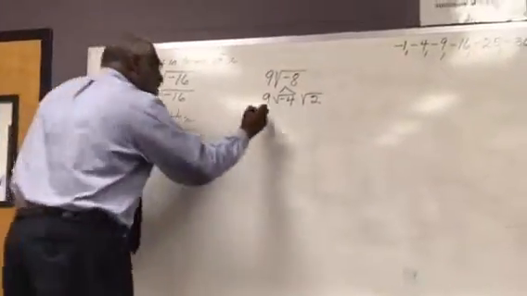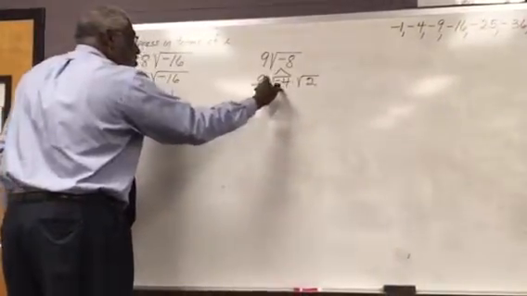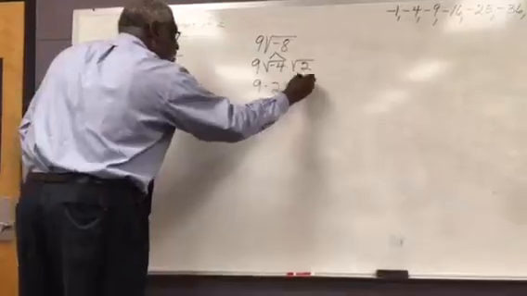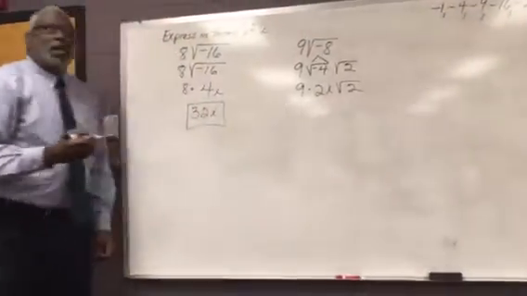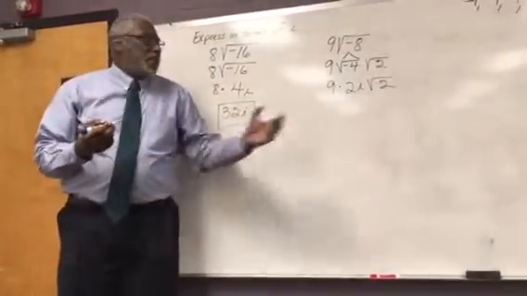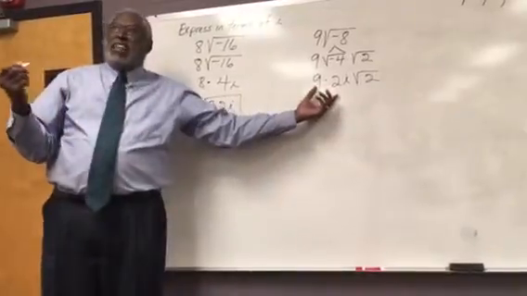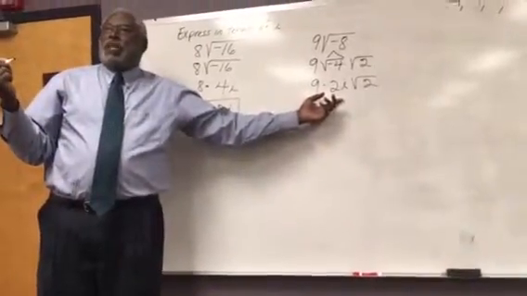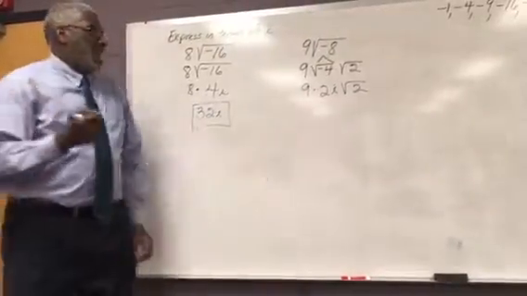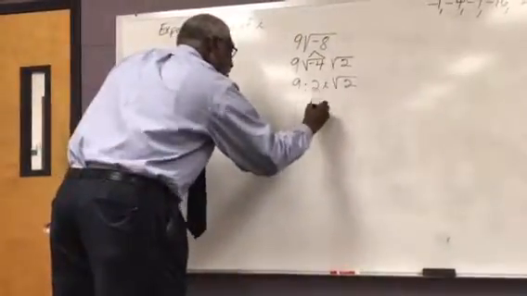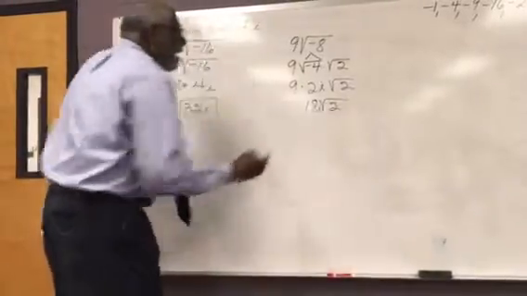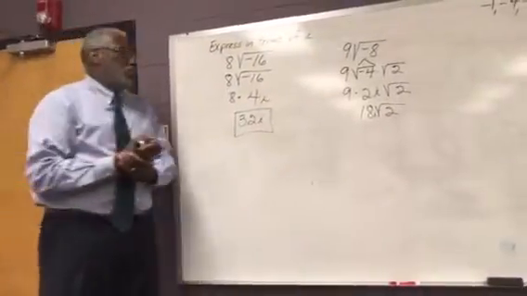So that'll be 9 times, and I know that the square root of -4 is 2i, times the square root of 2. Now outside of the radical, we have 9 times 2i, which simplifies to 18i. And so what we have left is 18i times the square root of 2.